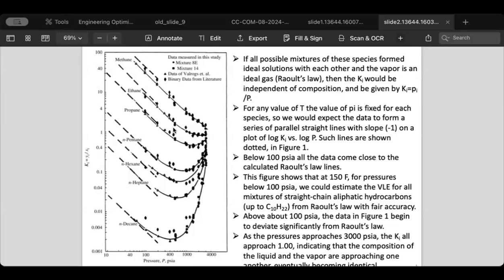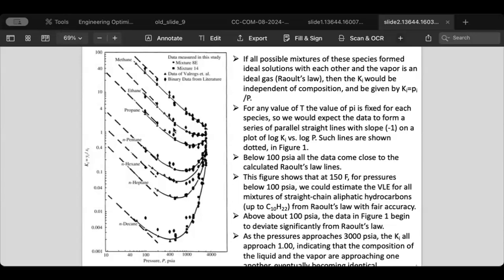We have information of methane, ethane, propane, pentane, hexane, heptane, and decane. What happened once the pressure is increasing? At low pressure, we start from low pressure first, and then once the pressure increases, what happened to K? It decreased first, right? And decreases linearly.